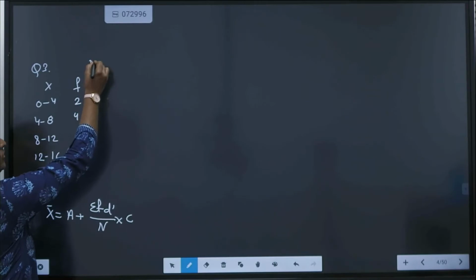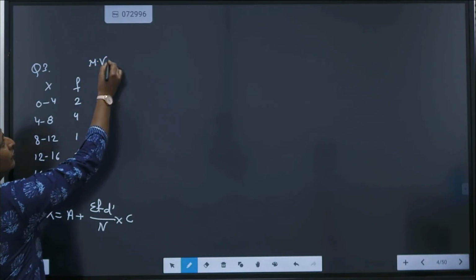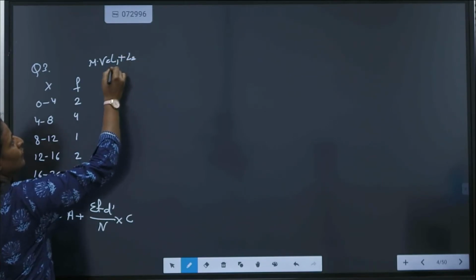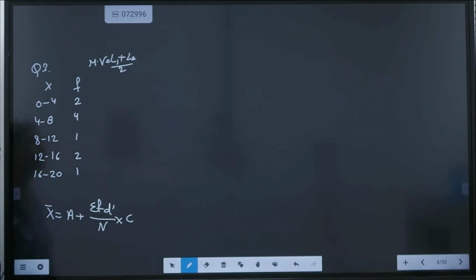Again we just find out the mid value. The formula of mid value is L1 plus L2 upon 2. Here it is L1, it's L2.